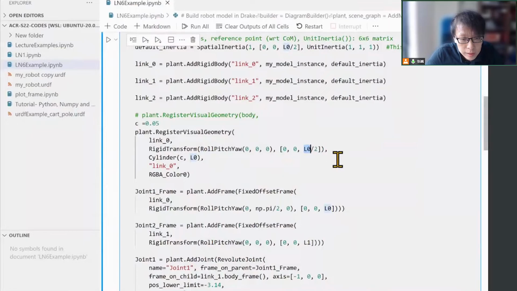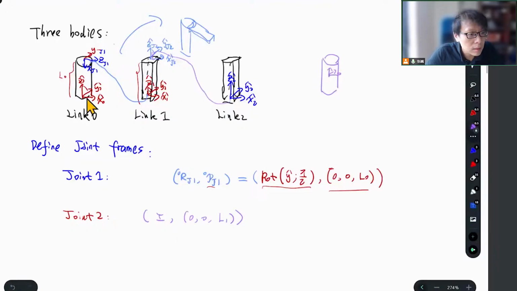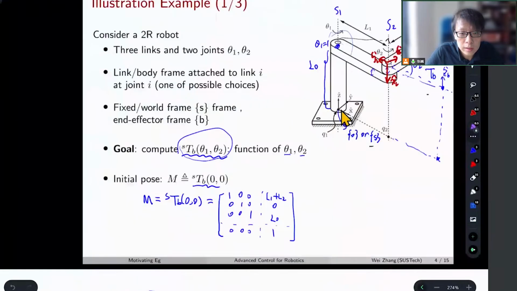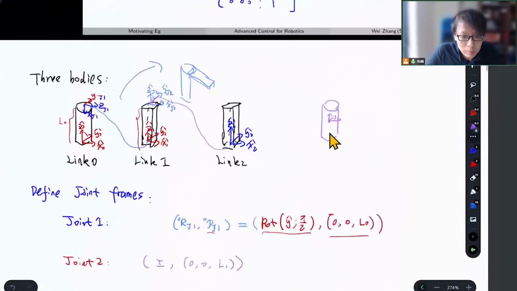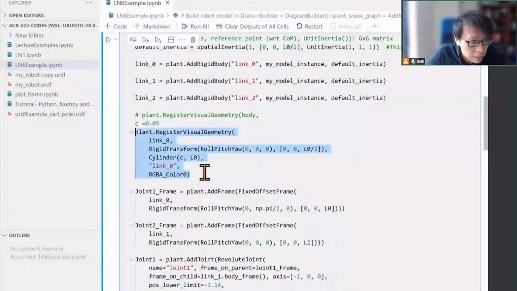If I don't have this, then the body frame is almost like in the center of the cylinder, so this is not what we defined before. Look at this figure, this is the frame we selected. It is not in the center, so I have to place the geometry a little bit above the ground, okay? That's what this line of code means.